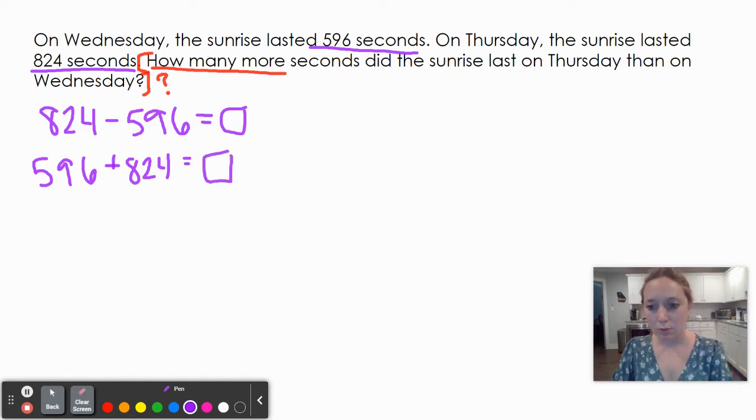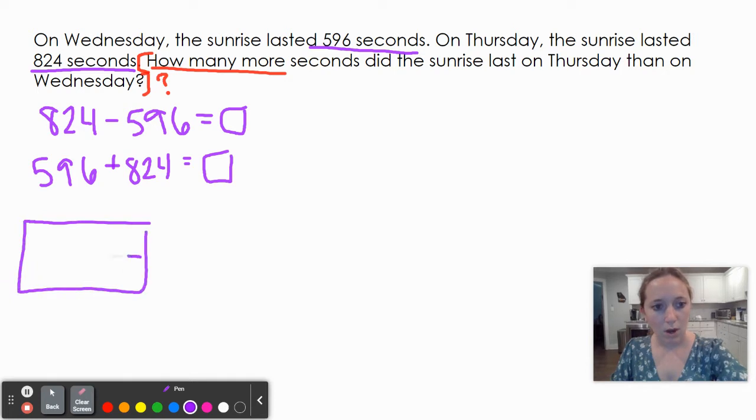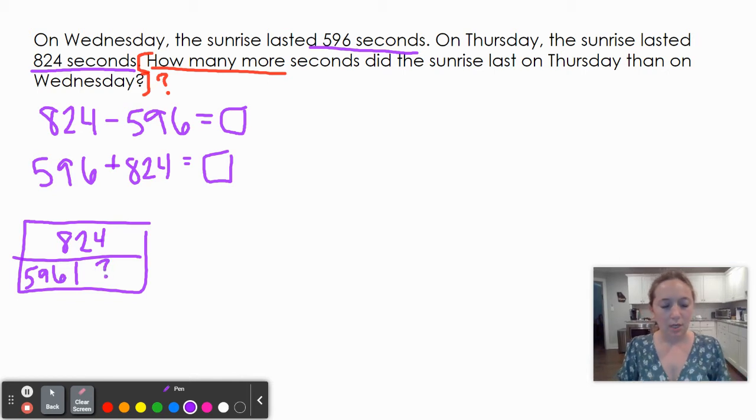And the reason why we can do those two equations is because of our part-whole. Our whole is the bigger number. We know the whole. We know one of the parts. We don't know the other part. So our whole is the bigger one, which is 824 in this problem. And then one of our parts is 596, and our other part is unknown.